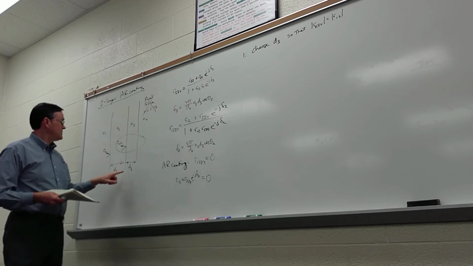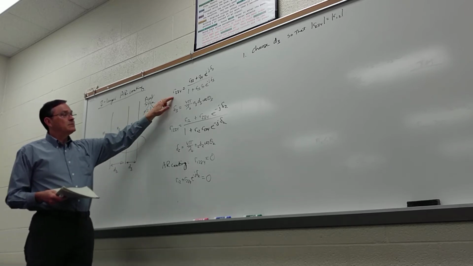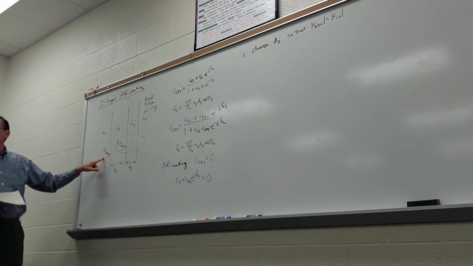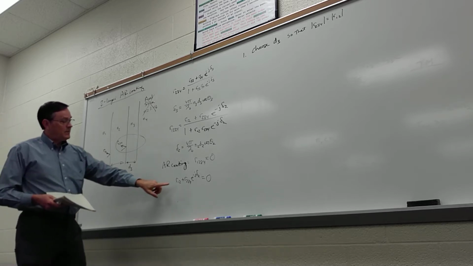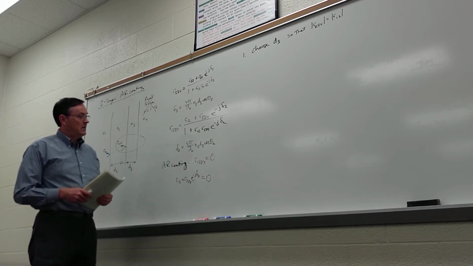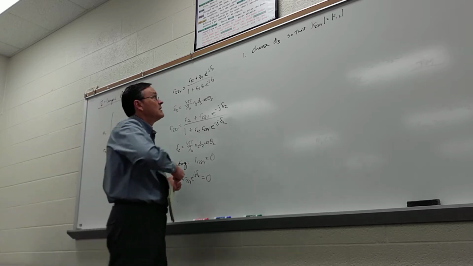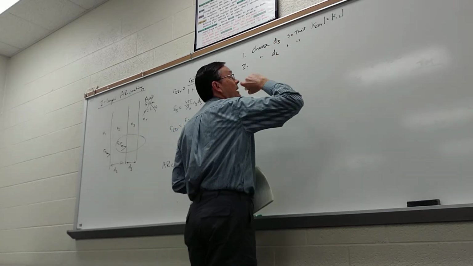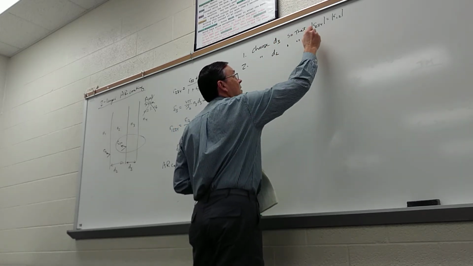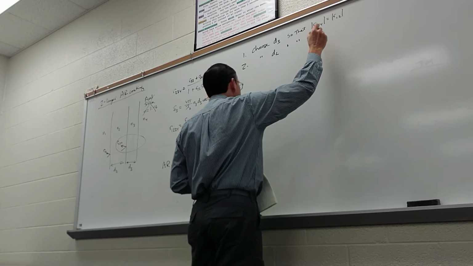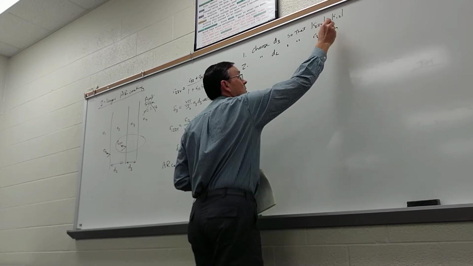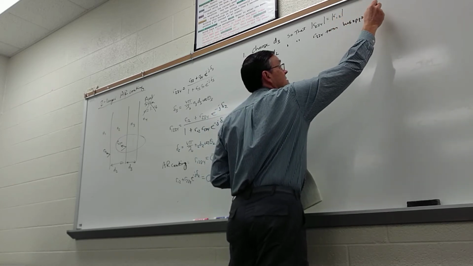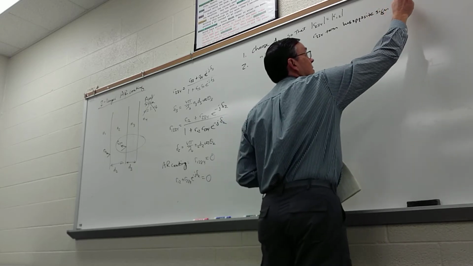So we want to choose the value of D3 that makes the magnitude of R234 the same as the magnitude of R12. Then, if these two things have the same magnitude, we want to choose D2 so that the R234 term has the opposite sign to the R12 term.